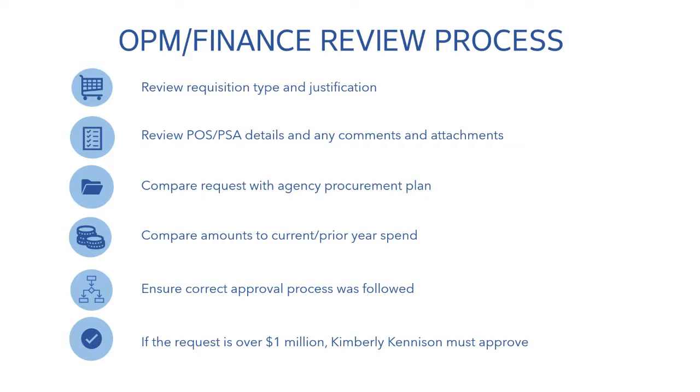Then we look at your agency's procurement plan to see whether the requisition in question aligns with your procurement plan. There is a place to indicate in the POS or PSA details whether the request is in line with your procurement plan. We'll go ahead and confirm that. But if it's a significant deviation from your procurement plan and you haven't addressed that in the requisition, we'll probably want to follow up and learn more about that.